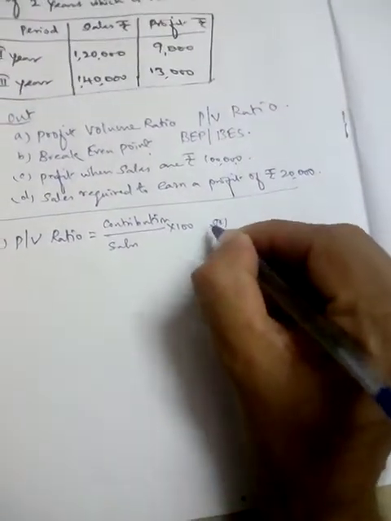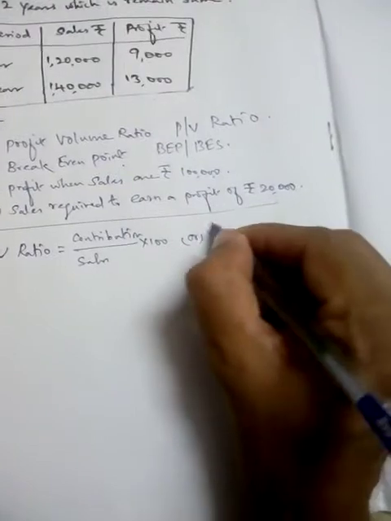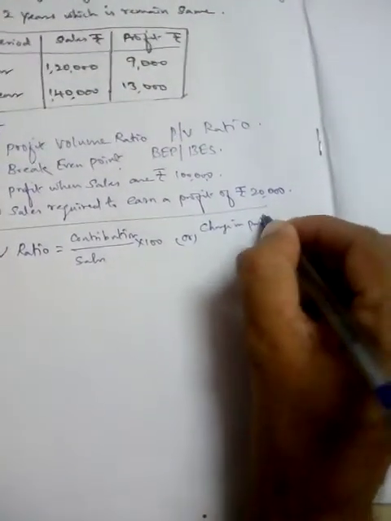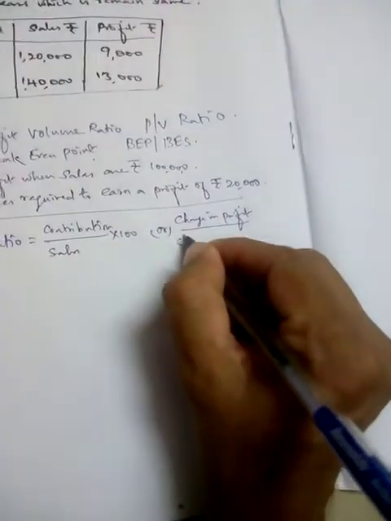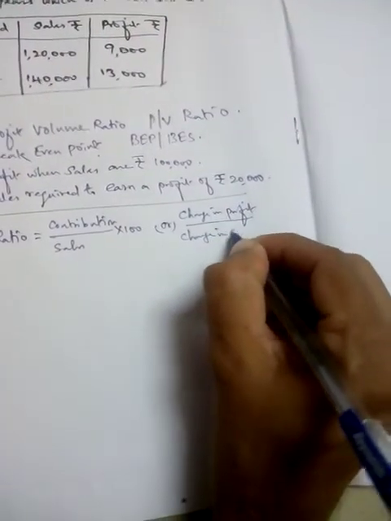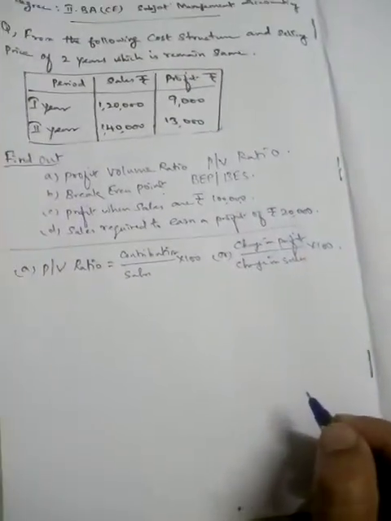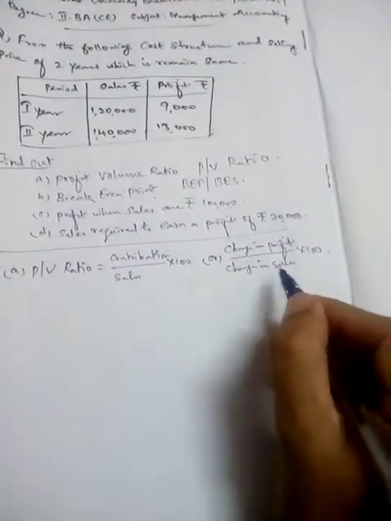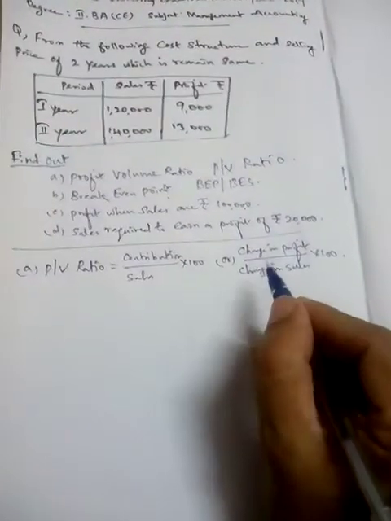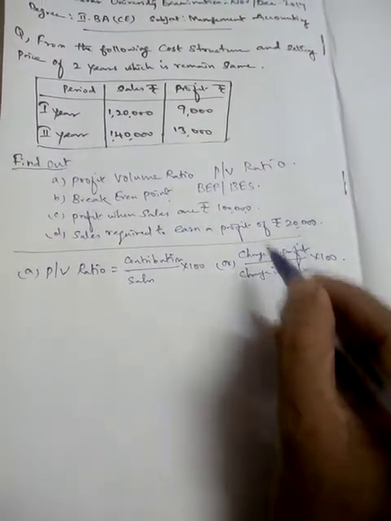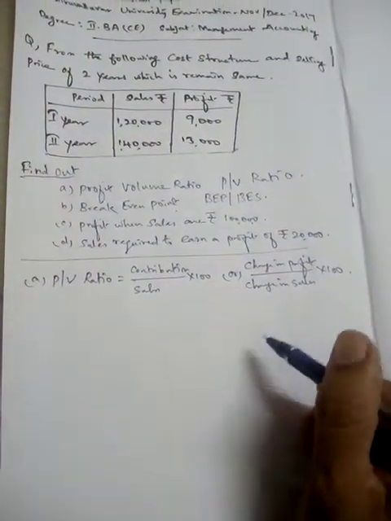Then another formula is there, that is change in profit divided by change in sales into 100. So here two formulas are there. Which formula should we take? Because based upon the question, the formula is different.